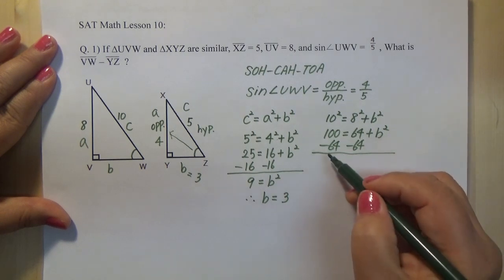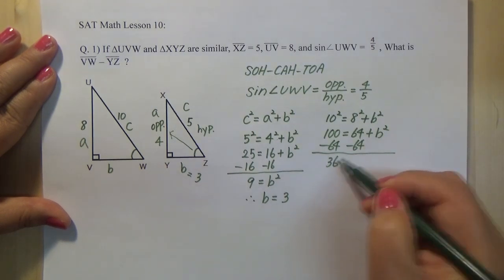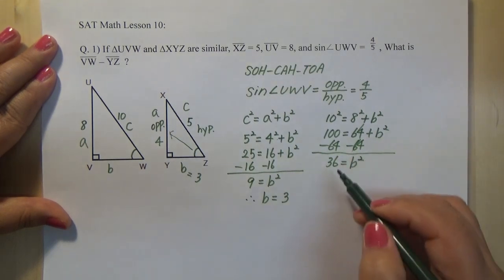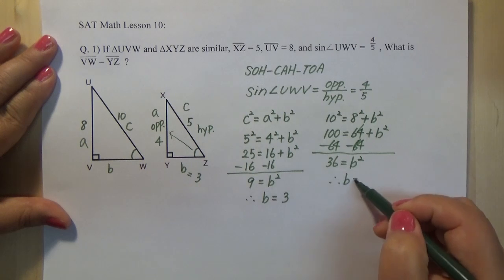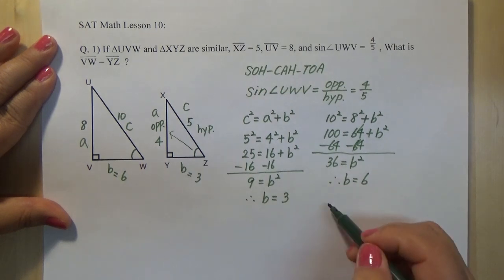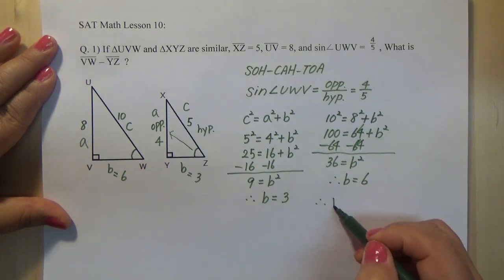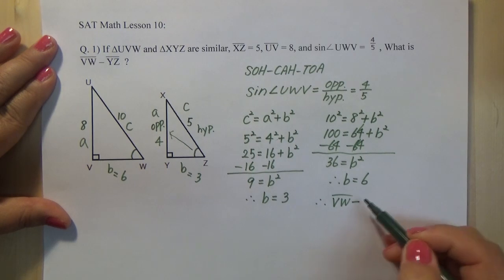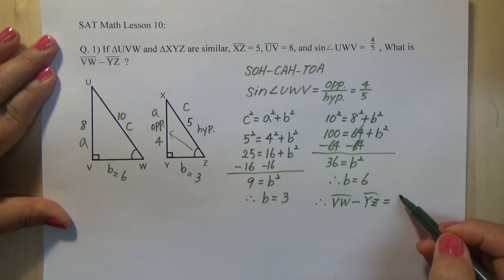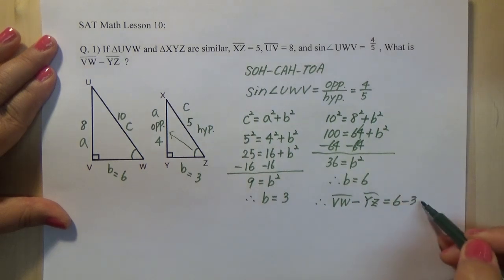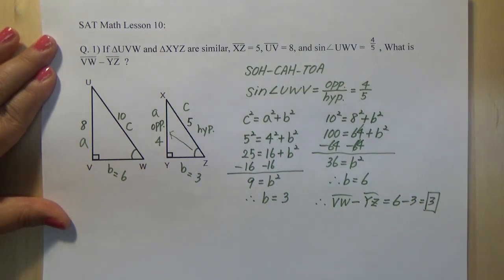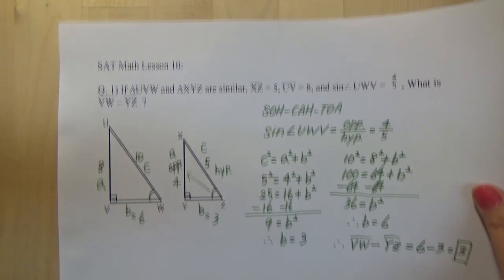And 100 minus 64 is 36. And then b squared is 36, and b is equal to 6. This is 6. And now VW minus YZ is equal to 6 minus 3, which is 3. So we're done. So let's practice more.